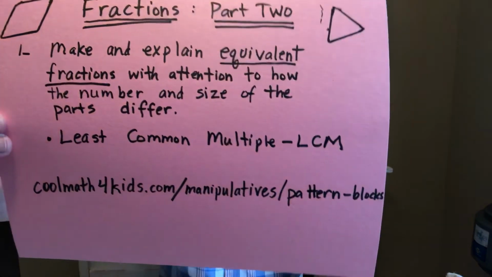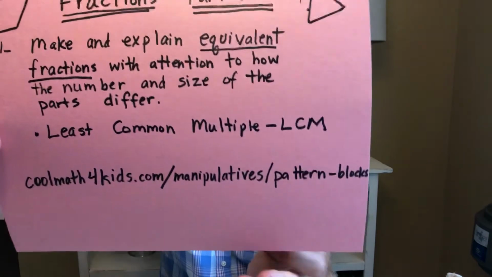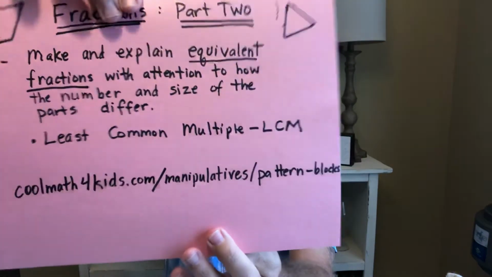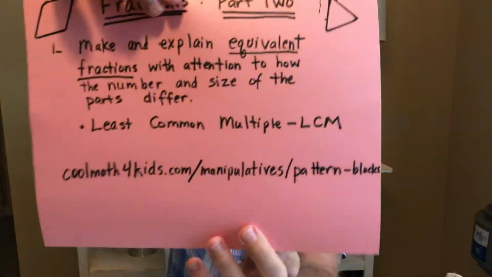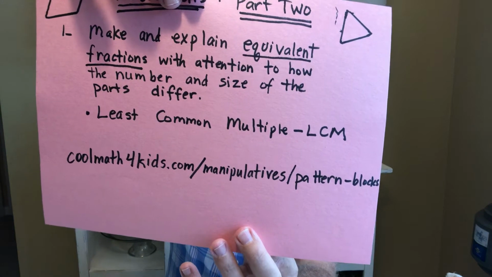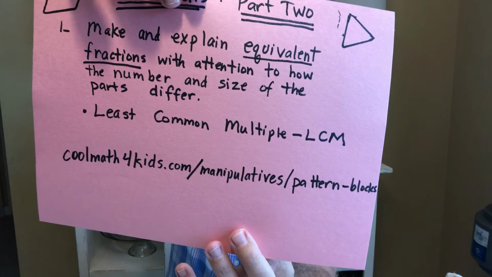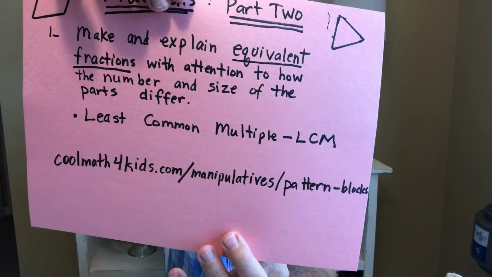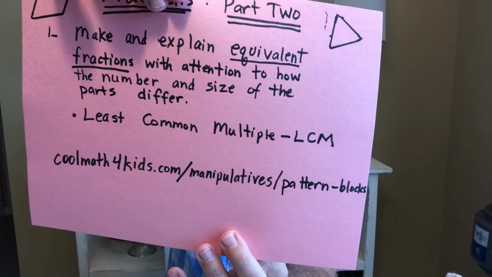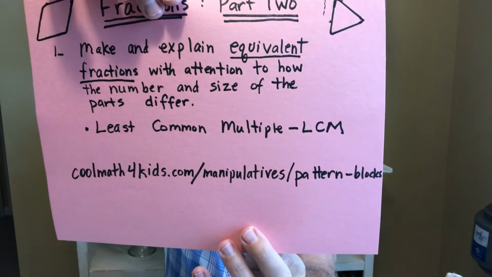And today I am going to be using pattern blocks. I don't know if you have pattern blocks at home with you or not, but if you don't, there is a good website called Cool Math for Kids, the number 4, coolmath4kids.com/manipulatives/pattern blocks.